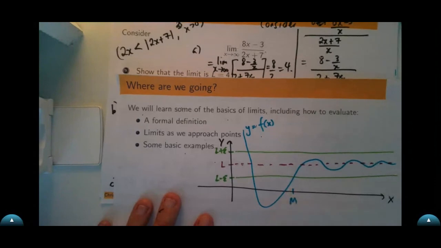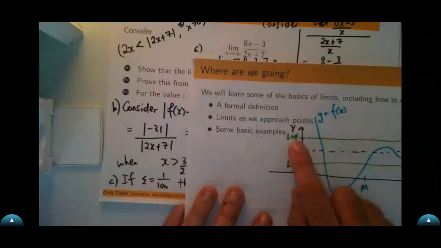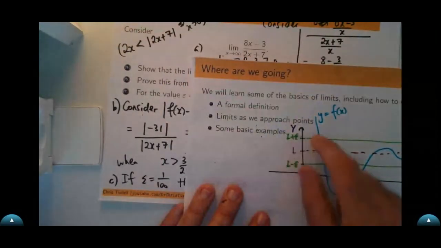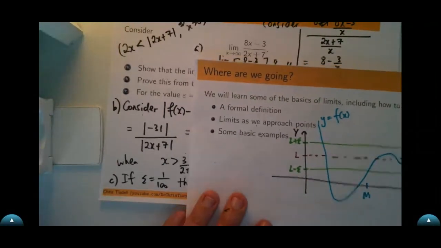And this would be 1550. Okay. So for this one, for the very last one, we're taking an example where epsilon is 1 on 100, L equals 4, because that's the limit. So that's what you get. That would be 1550. Okay.